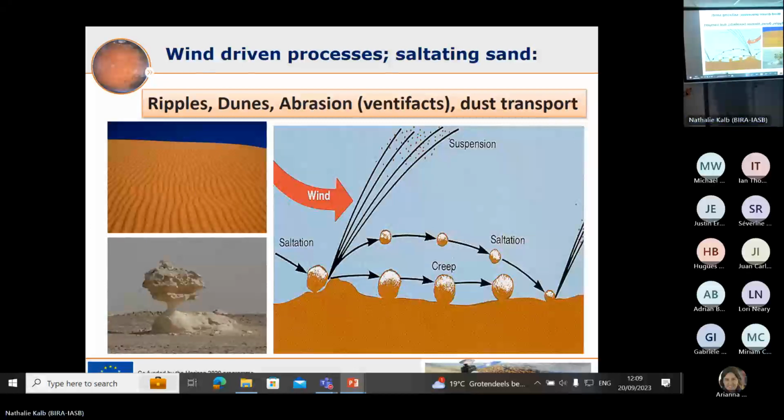And on Earth, the defining parameter about saltating grains is they don't normally hop very high. The saltation layer, where there's intense transport of sand, is normally only about 1 or 2 centimeters on Earth. And that means there's an erosion layer, which is only a few centimeters high. And that explains how you get things like this happening in the desert.